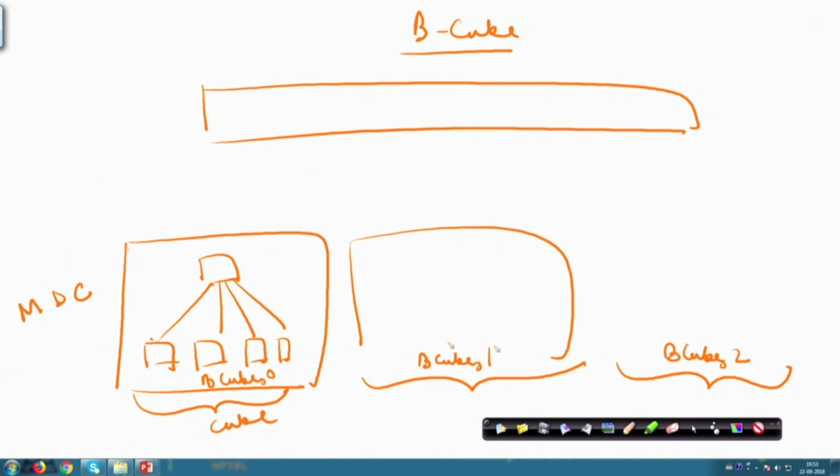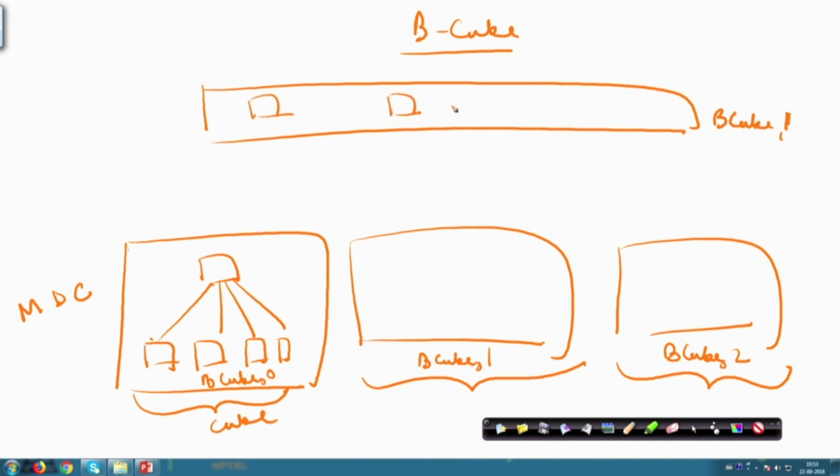So, you will have another BCube, and this one will become your BCube 1, and you can even have 1 1, right. These are your different switches at this particular level. This becomes your level 1, this becomes your level 0, right.